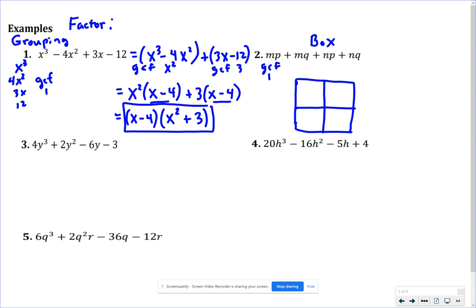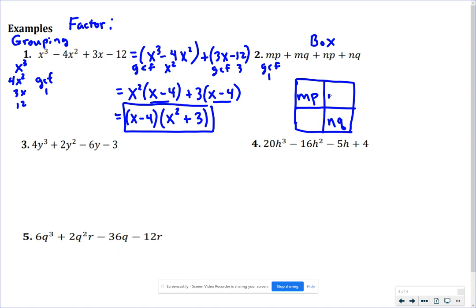So my next step says to draw a 2x2 box. 2 rows, 2 columns. So I've drawn my 2x2 box. I'm going to take the first term of the polynomial and set it inside the first square in the box. So there's MP. All right, the last term gets the last square. That's my NQ. And I'm just going to usually fill them in order. Top row first.